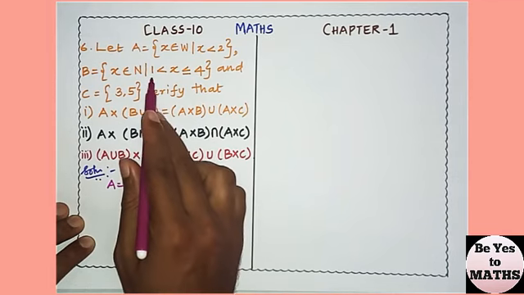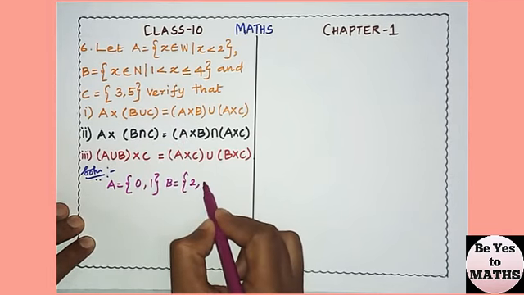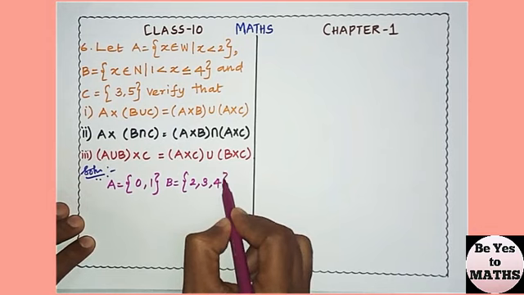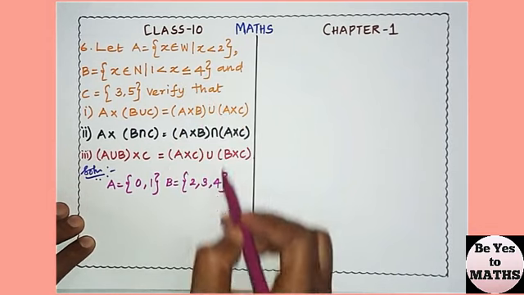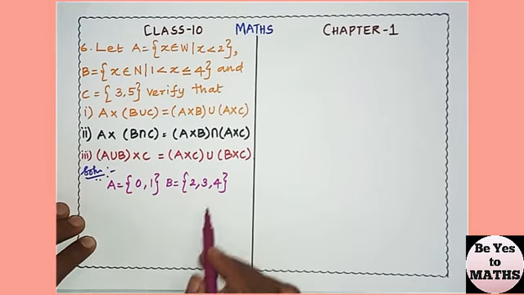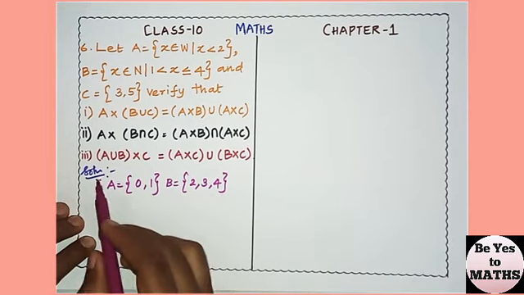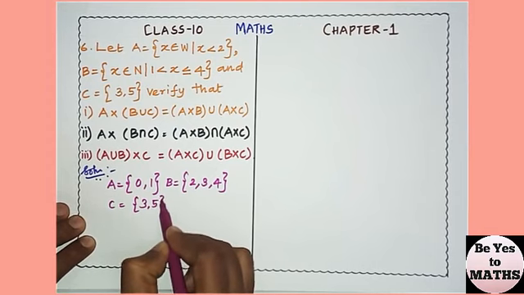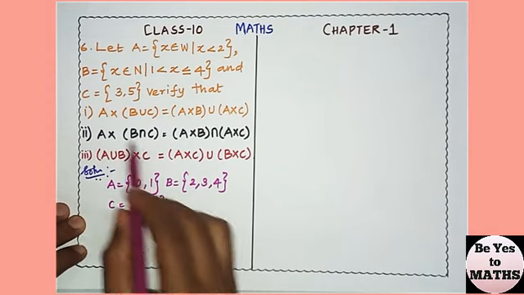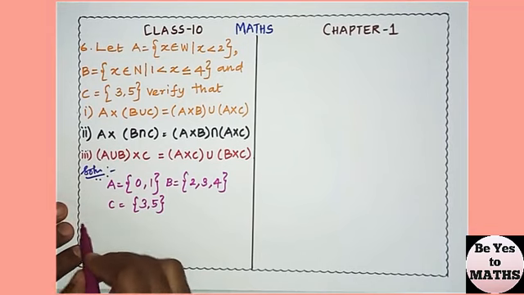So greater than 1, so 2, 3, 4, because here we have less than or equal to, so we have to add 4 here. So the set B is here. C set is {3, 5}. Already it is given.